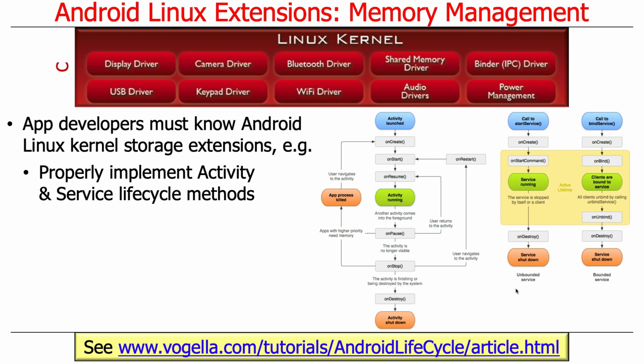So we won't have enough time to really do this justice, but in a nutshell, the application components like activities, which are the user-facing components, and the background stuff like the services, these are potentially going to be terminated rather abruptly by the low memory killer if you start running low on memory. And so what you need to do is know how to implement various hook methods like onPause and onStop and so on, because those are the chances you get to save your state before your process gets killed.